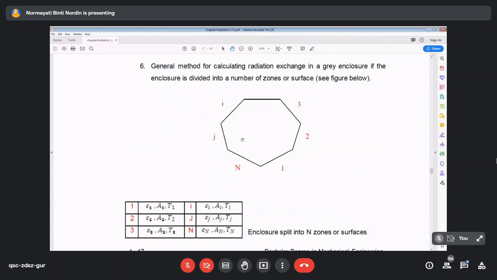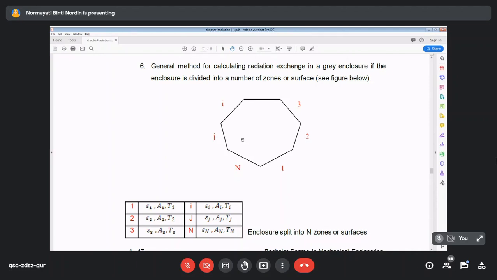Usually, to solve problems with real materials or grey surfaces, you will zone up, that is, divide the system into several zones or several surfaces.